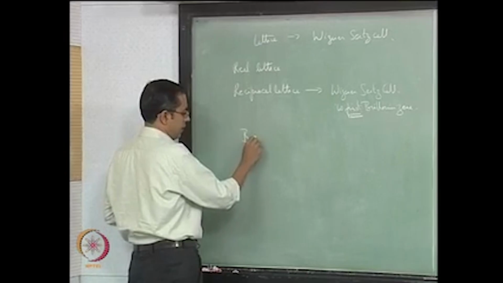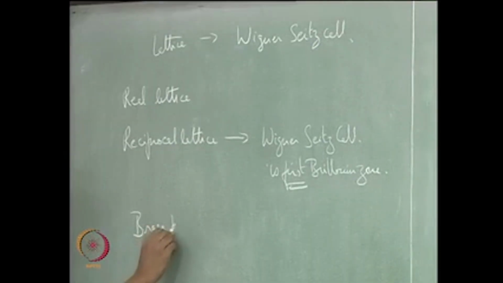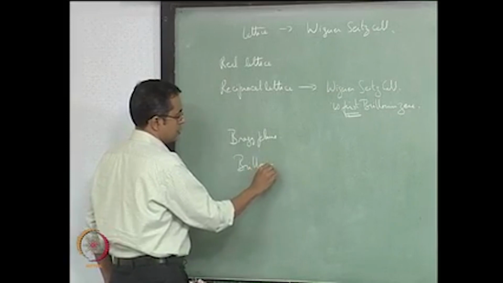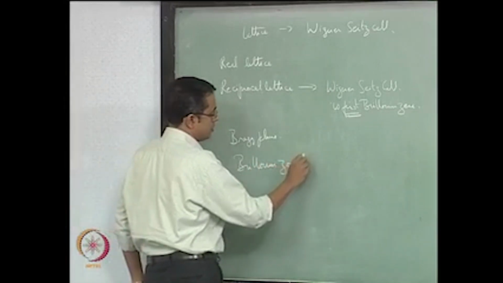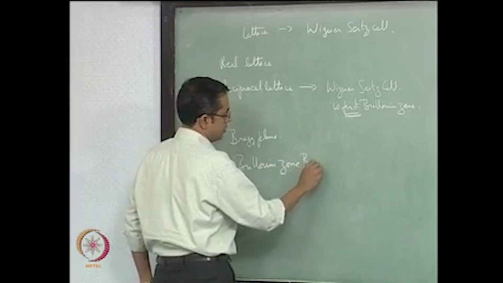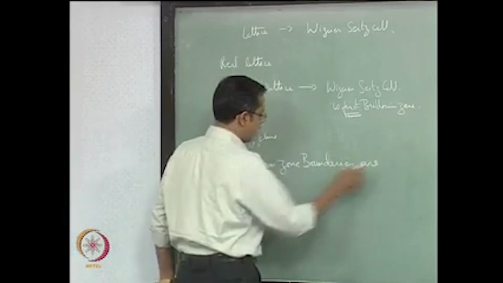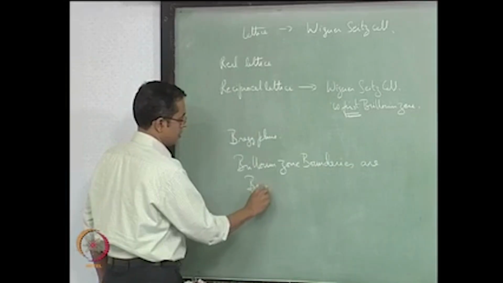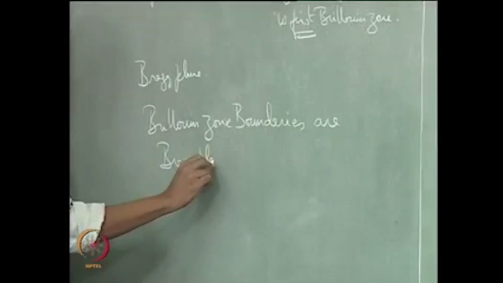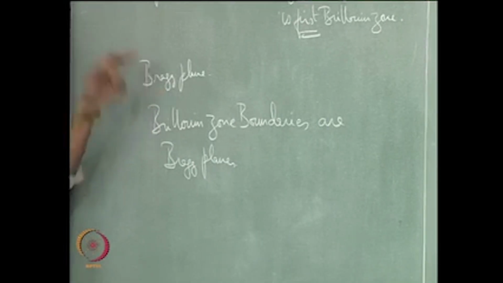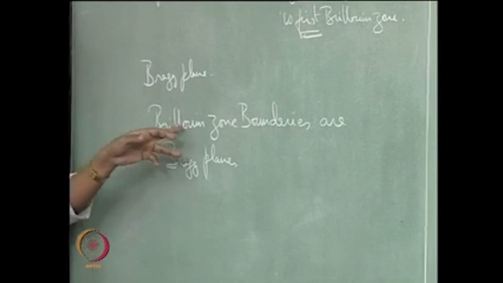And we have defined what is a Bragg plane. So based on what we have done so far, we realize that Brillouin zone boundaries are Bragg planes. Okay, so we originally defined Bragg plane independently, then we used it, and that is how we defined a Brillouin zone.